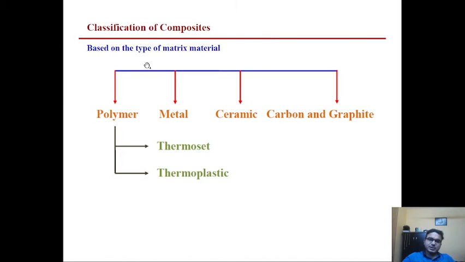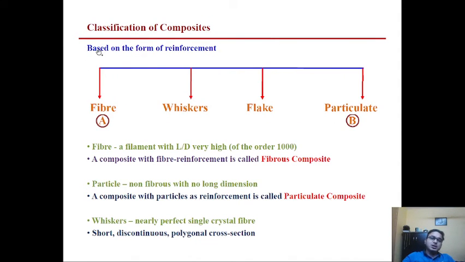Now the classification of composites based on the form of reinforcement: first is fiber, second is whisker, third is flake, and fourth is particulate. Here we will be focusing on fiber and particulate.